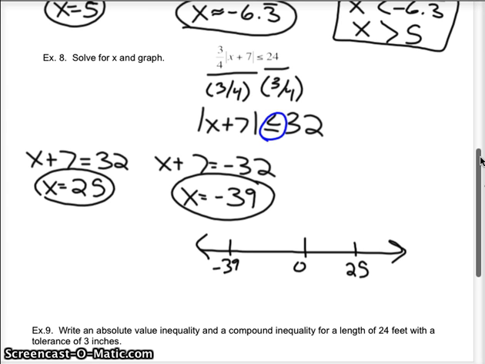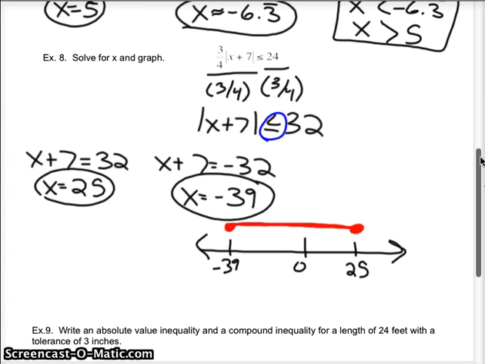That or equal to means I'm going to get solid circles. Remember, that's what or equal to means. Now, it's less than or equal to that 32. So it's less than that radius I've created. Well, to be less than that radius, we have to be within that radius.